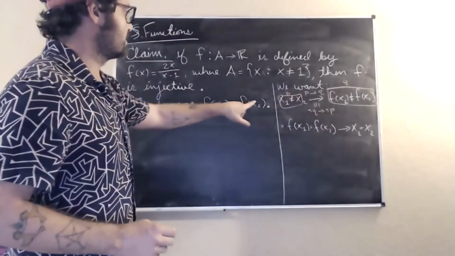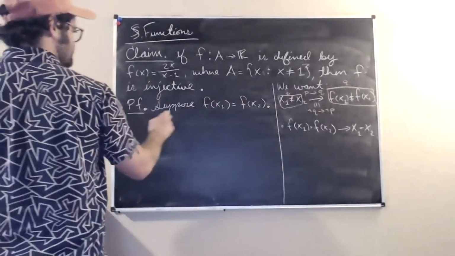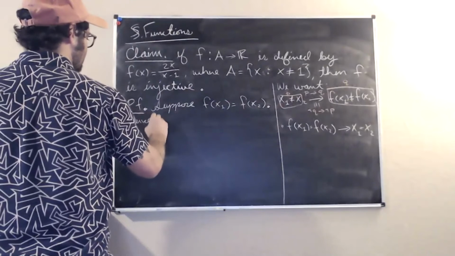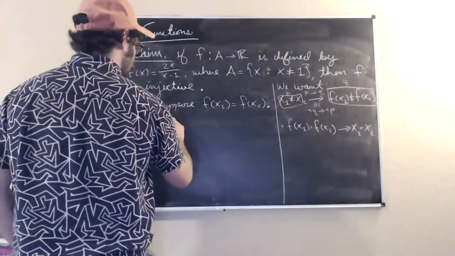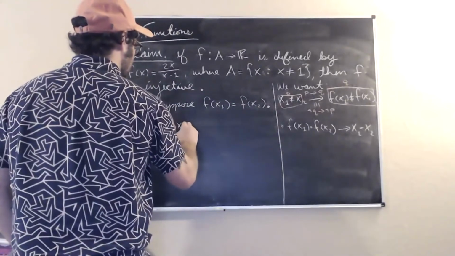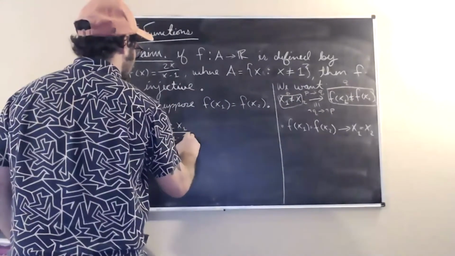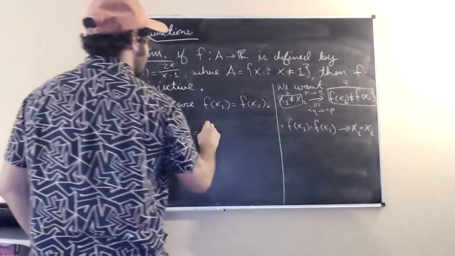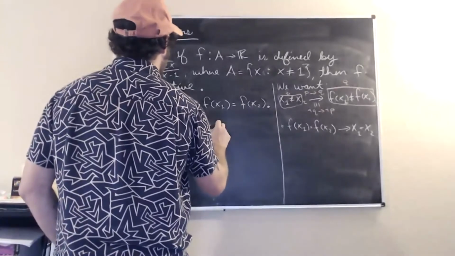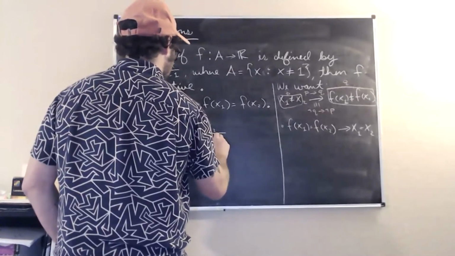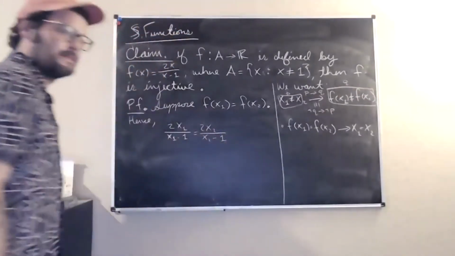So if f of x1 is equal to f of x2, hence we know that 2x1 over x1 minus 1 is equal to 2x2 over x2 minus 1, right?